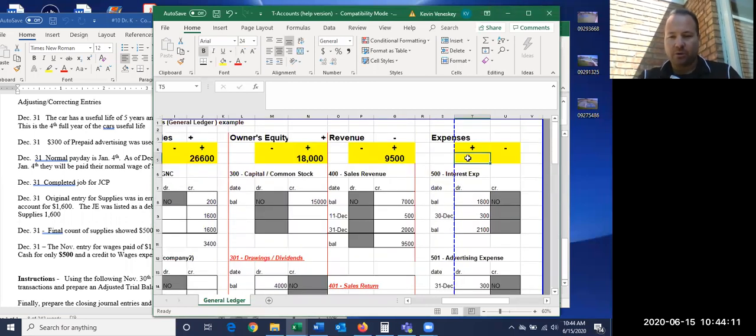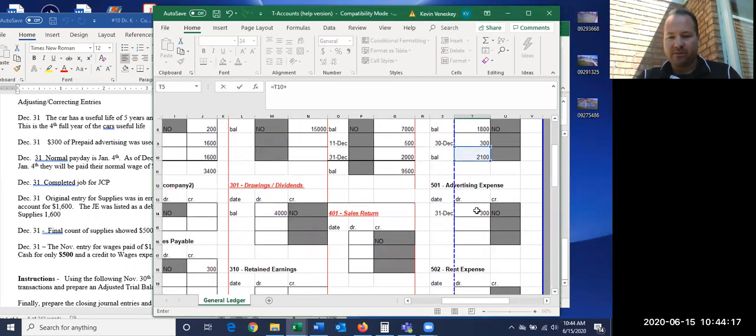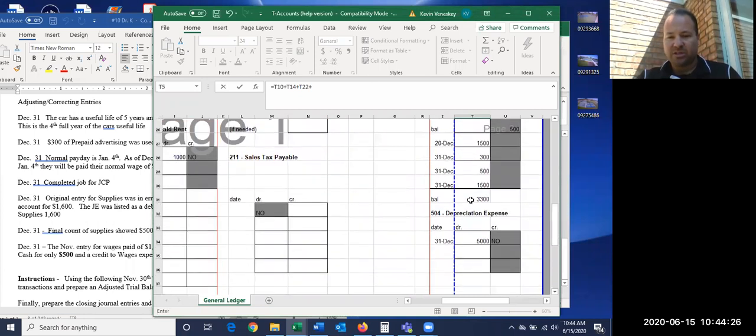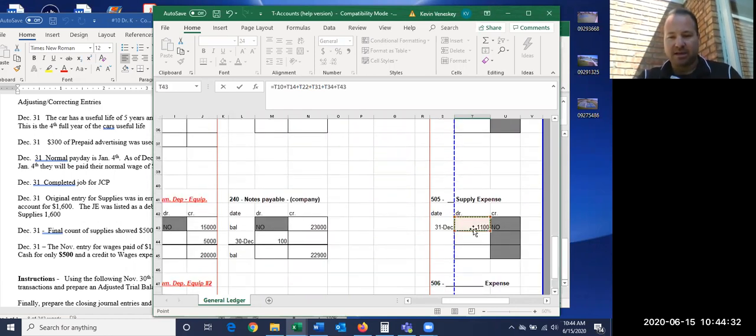All right, let's go ahead and total up our expenses. Interest, 2,100, and then we have the advertising all by itself. The rent balance, the wage expense balance, depreciation, and finally the supplies.